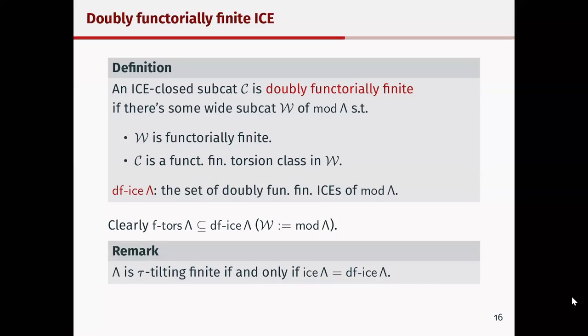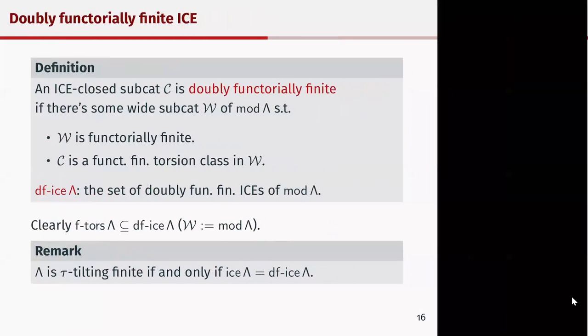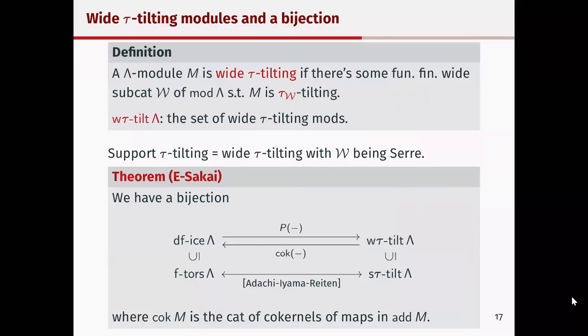And this is the category side, the ICE closed subcategory side. But in the next slide, I will give a module side, which generalizes support tau-tilting modules. This is the definition. A lambda module M is wide tau-tilting if there is some functorially finite wide subcategory W of mod lambda such that M is tau_W tilting.